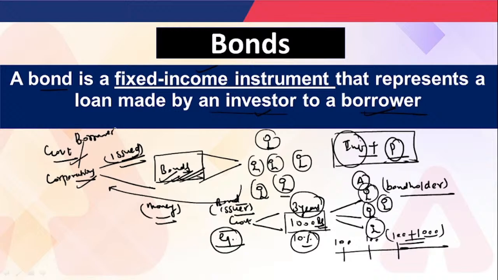This is a very important question that can be framed in the examination. In the bond, who is the borrower and who is the investor? The public who purchases the bond is known as the investor.